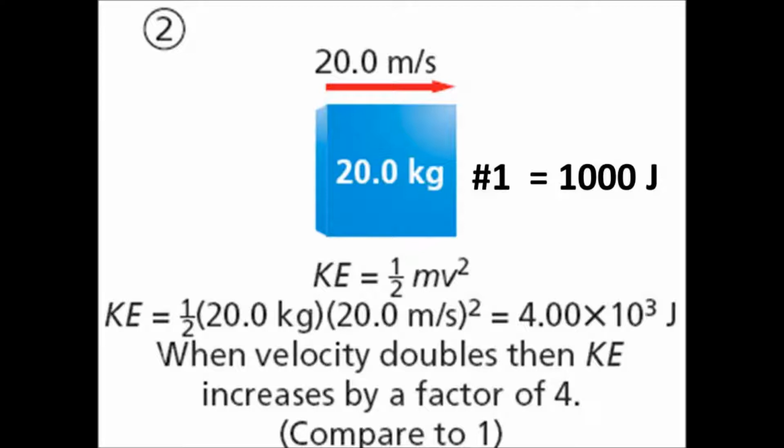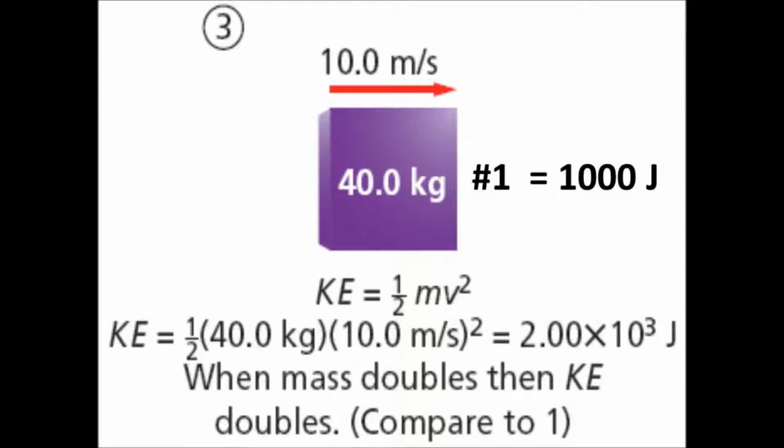Now, in the next problem, we're going to look at a different aspect of this. Just remember, a direct relationship can be parabolic as well as linear. So in this one, I double the mass, instead of 20, the velocity is the same, 10 and 10, but here the mass is 40 kilograms. When I double the mass, I double the kinetic energy because they're direct, but it's linear.